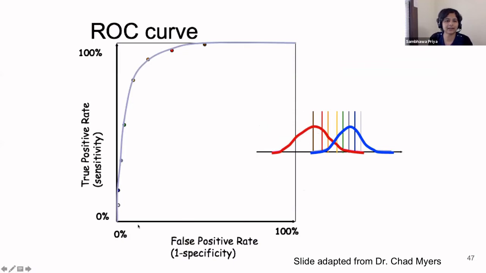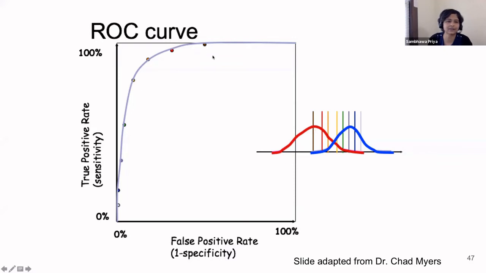The ROC curve here is built from the confusion matrices which result at different thresholds. As you can see, this is the false positive rate and the true positive rate, and at each point it's calculating these values, and that's how the plot is generated.